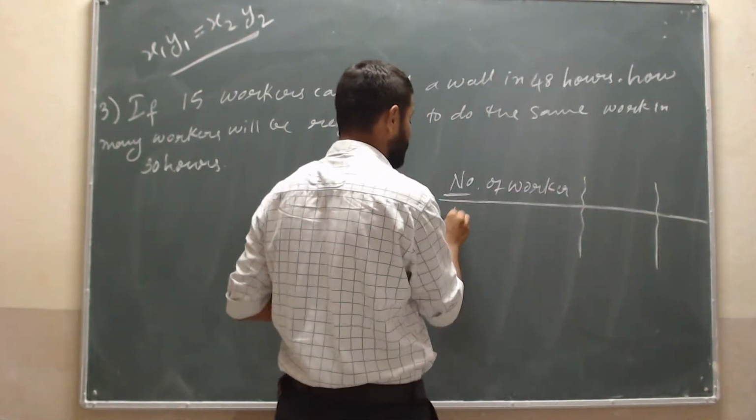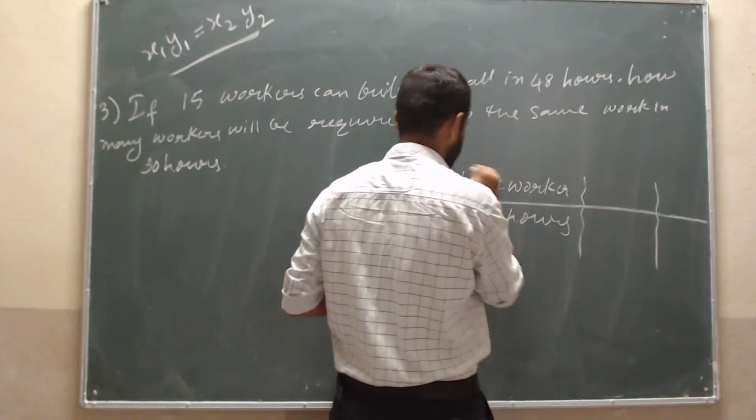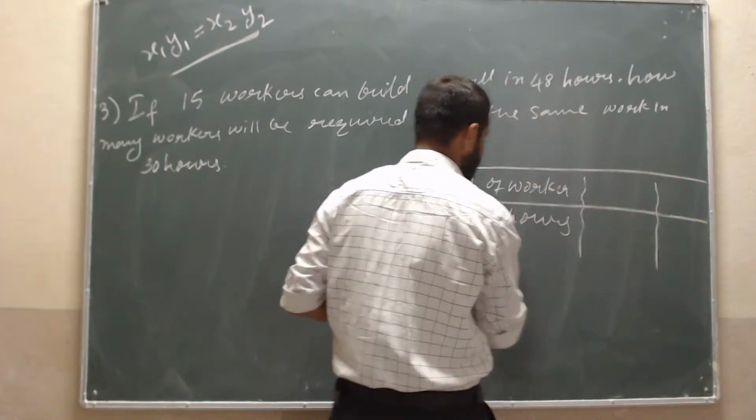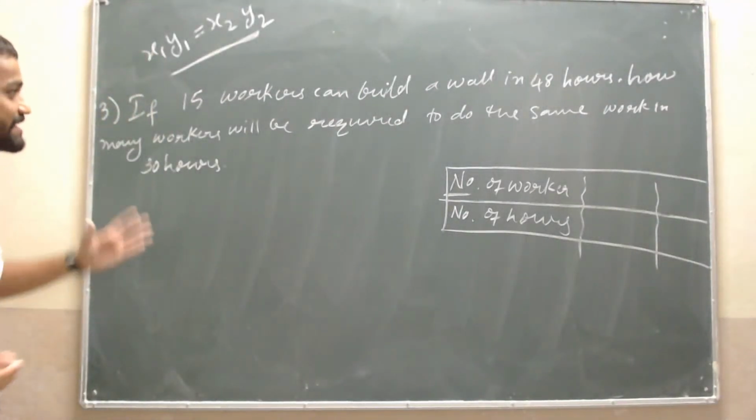The number of workers and the number of hours are both given. Isn't it, children? Sir, we are still not understanding the question.